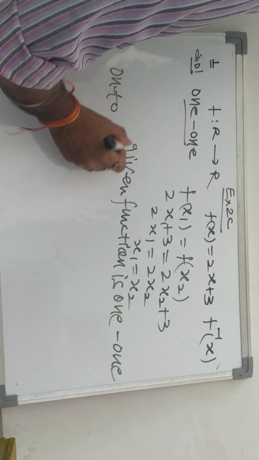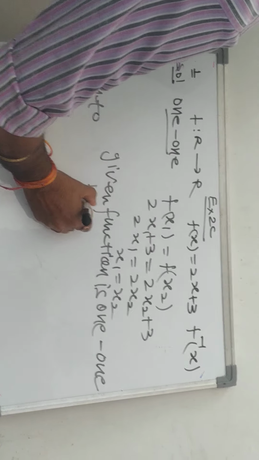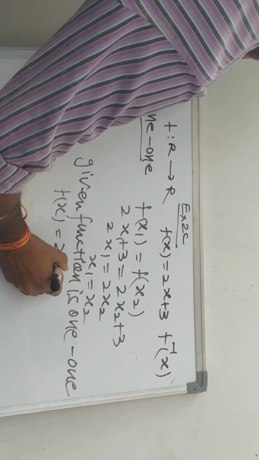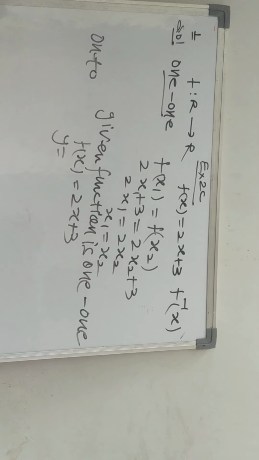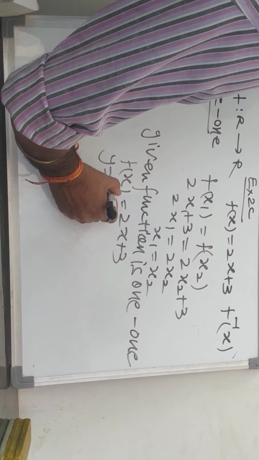For onto, we have to put y in the place of the function f of x. So y is equal to 2x plus 3.